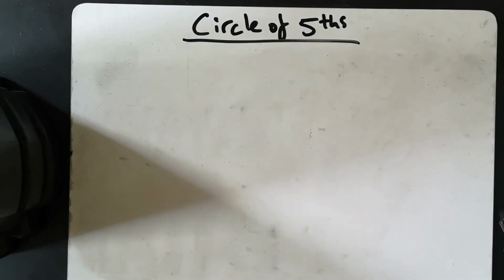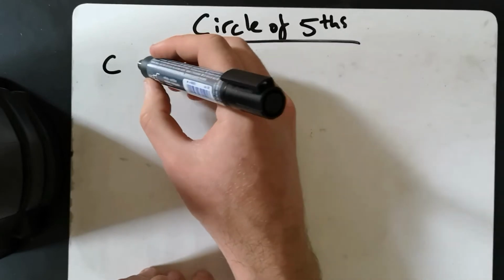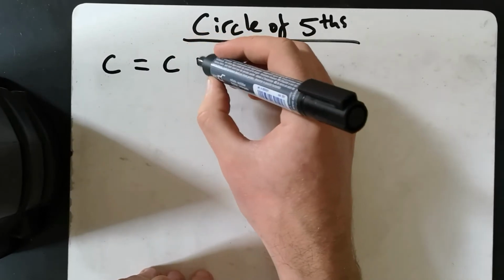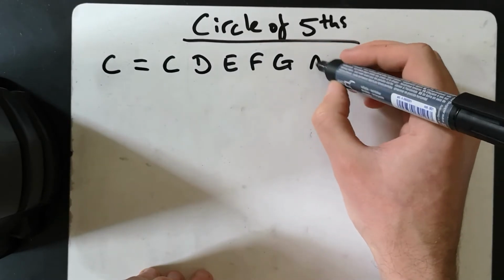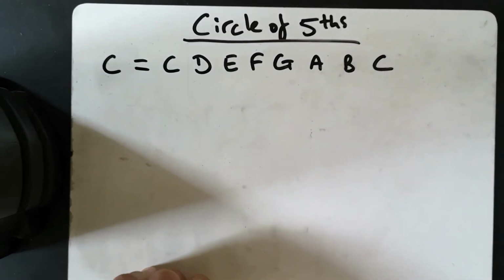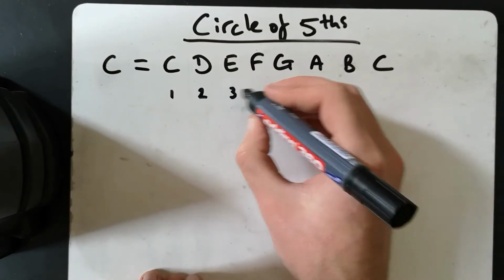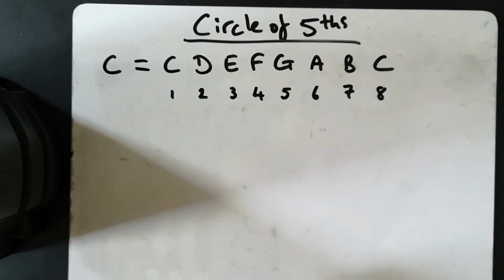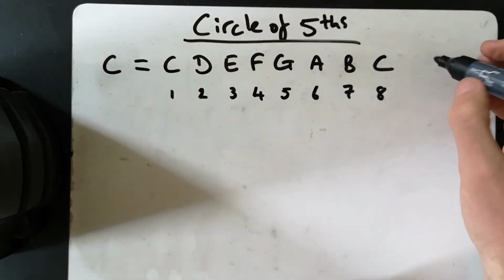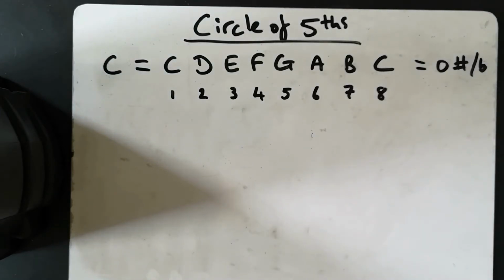But the circle of fifths is basically, if I put down the notes in C major, they are C, D, E, F, G, A, B, and C. I could always number them 1, 2, 3, 4, 5, 6, 7, 8. C major has got 0 sharps or flats.